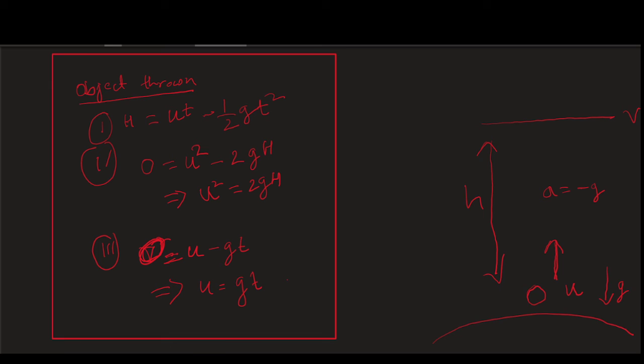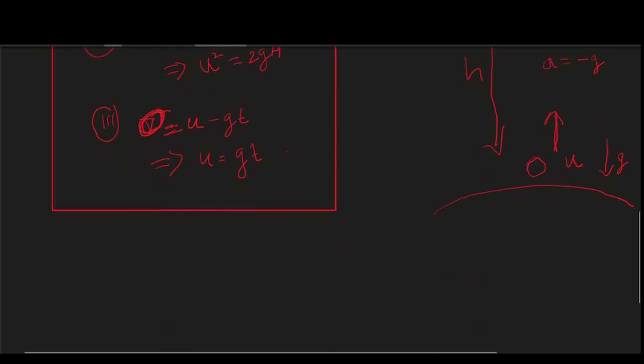Now in your NCERT, there is another topic, the difference between mass and weight. So first one is mass, second one is weight. So what is mass? Mass is the quantity contained by the object.